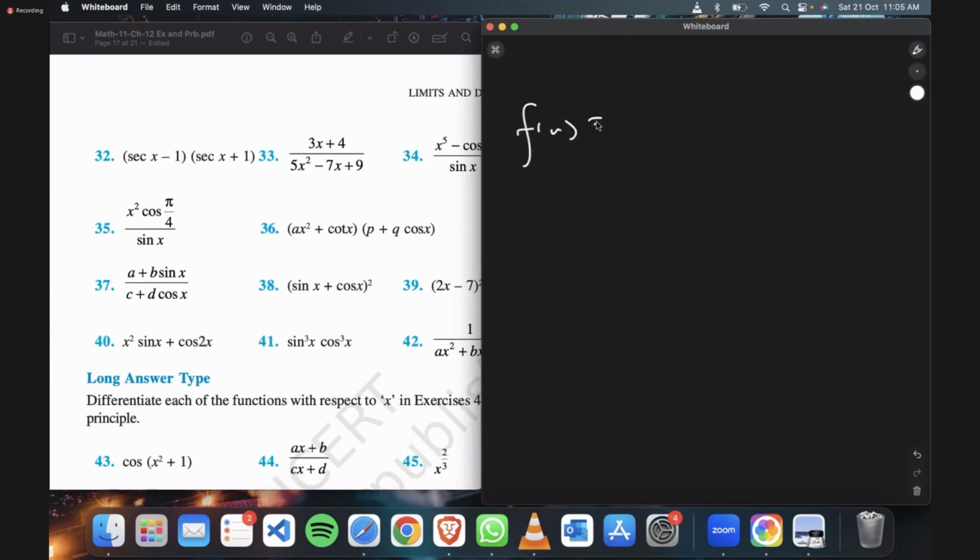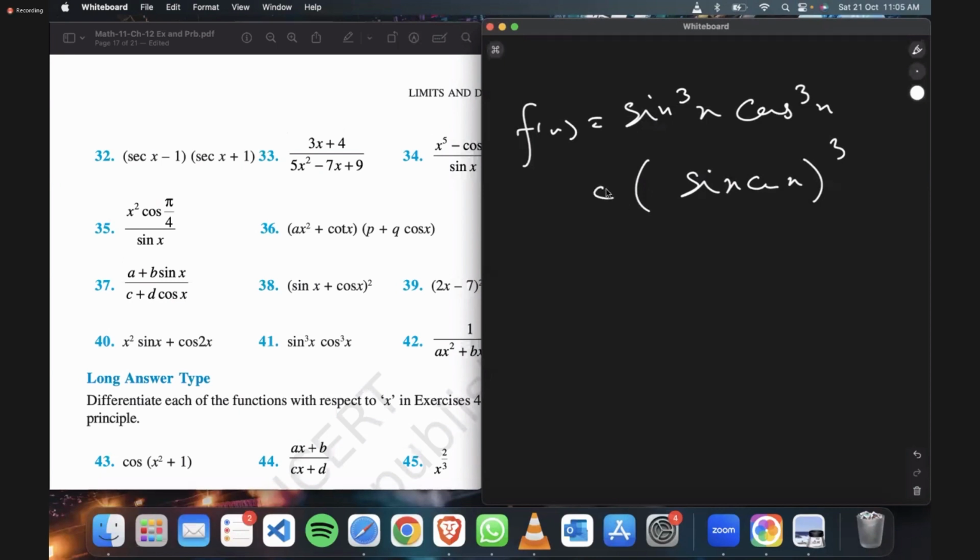Function is given to me as sine cube x multiplied with cos cube x. Okay. Yeah, (sin x cos x) whole cube.